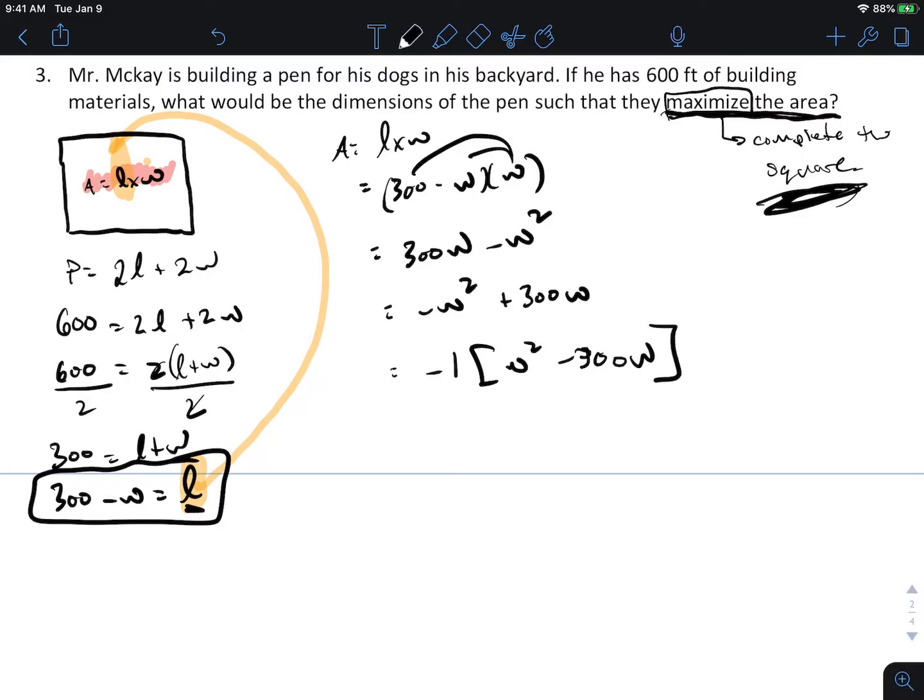And then remember, this is like step 1, and step 2 now is let's find the Z value. The Z value is the B value divided by 2 squared, which is -300 divided by 2 squared, which is -150.